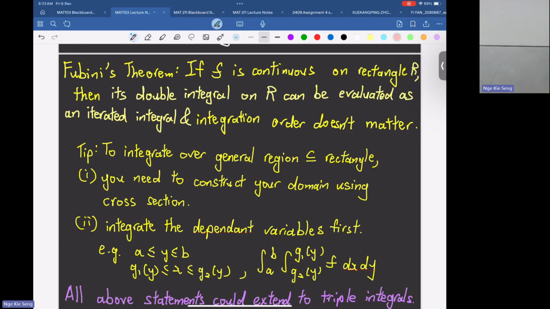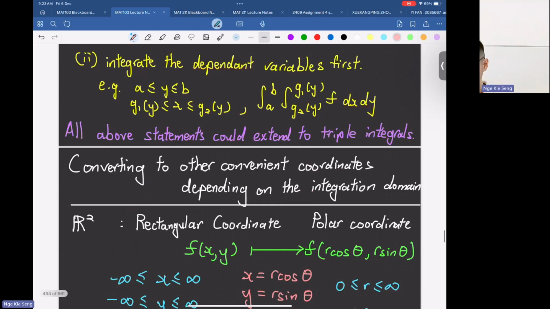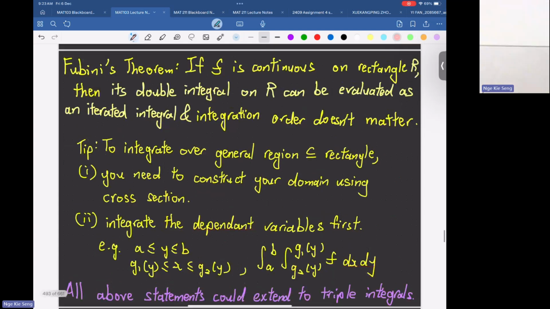And in polar coordinates, you can do dr d theta or d theta dr. And then from Fubini's theorem on a rectangular region, we can generalize to a general region, such that we can bound this general region using a rectangle, and then we can still apply Fubini's theorem.